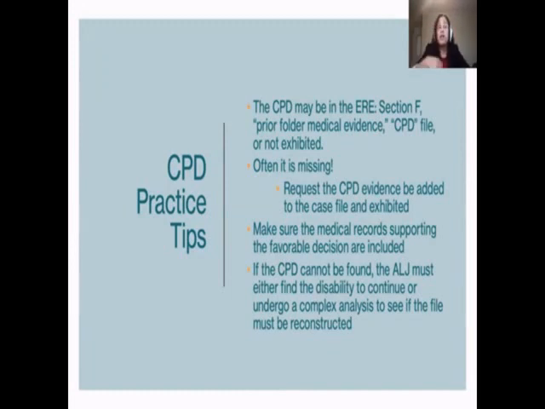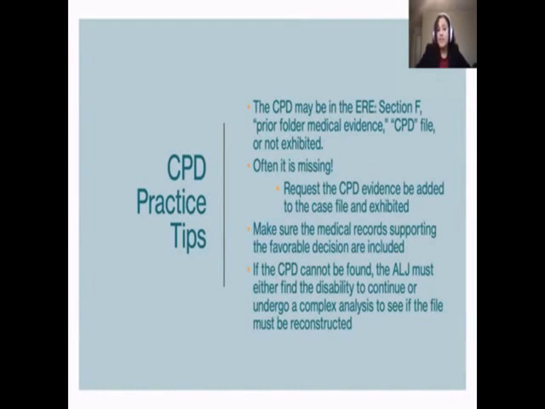When you are looking through the Social Security files to figure out if you can find the CPD, it might be in the Electronic Records Express, the electronic database that Social Security has housing all of the files related to this individual's claim. It might be in the F section, which is where they house medical records.